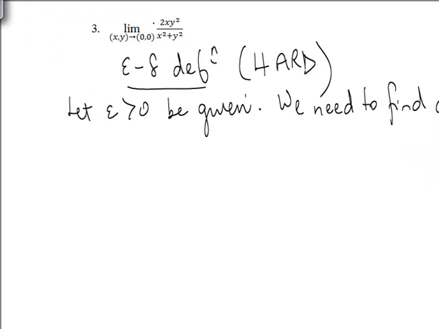Plug in your f of x. Your a and b are your zeros. So you just look at the definition. The definition says the absolute value of f of x, 2xy squared over x squared plus y squared.